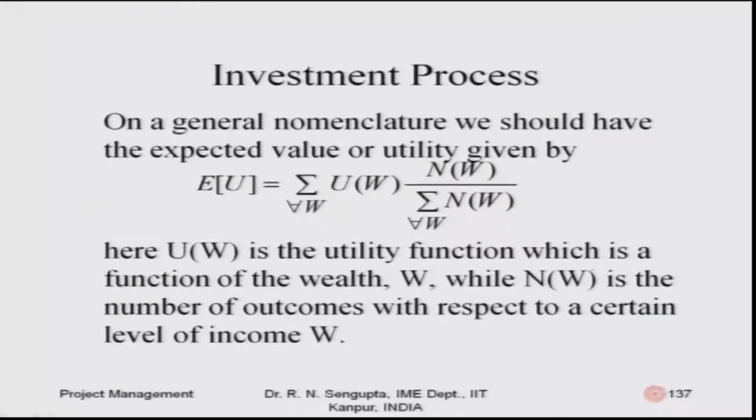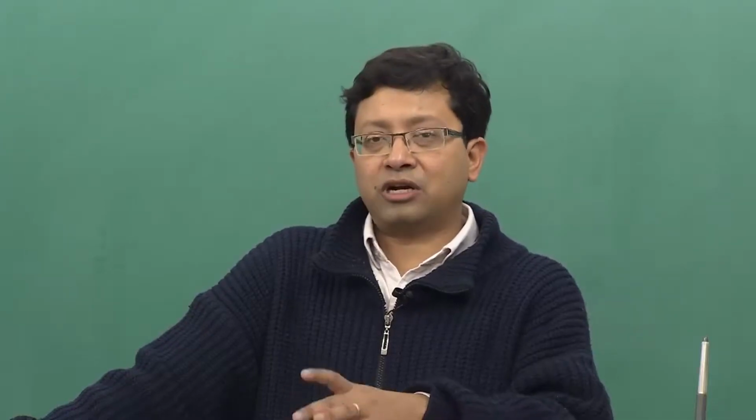So, the probabilities which you saw, 1/3, 1/3, 1/3, or in the other problem for the machine, it was half, 1/4, 1/4, and so on for these other examples. That means in the denominator you have the total number of outcomes, and in the numerator you have that particular outcome for which the utility is given as U_W.